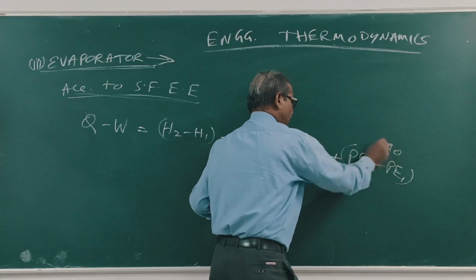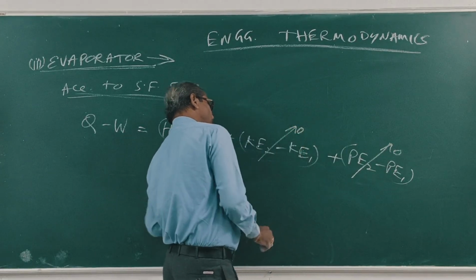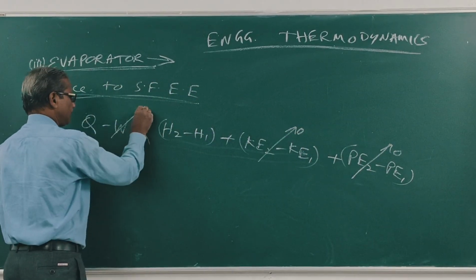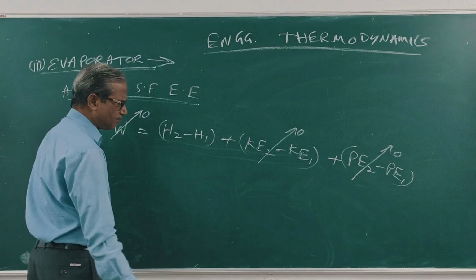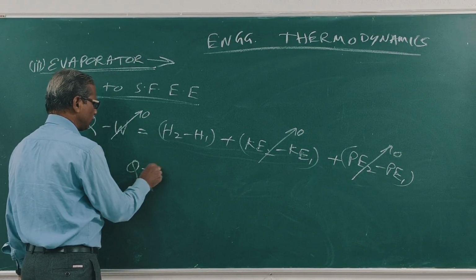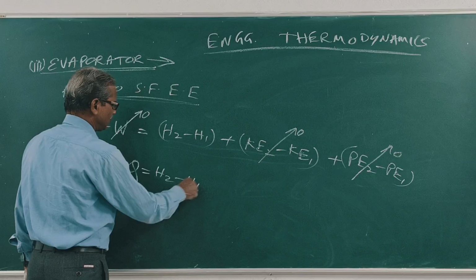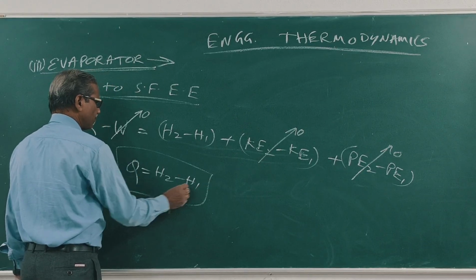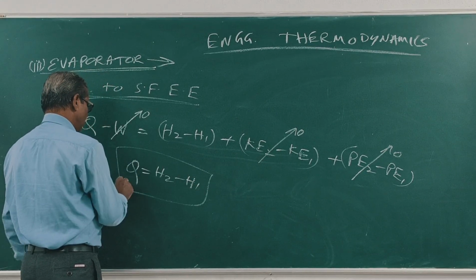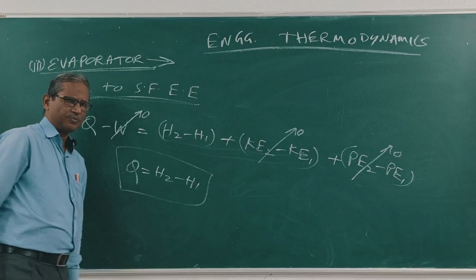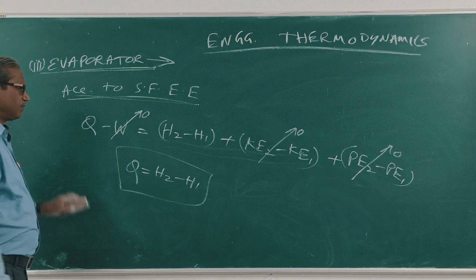This is 0, this is 0, this is 0. Clear? So Q is equal to H2 minus H1. This is for the evaporator.